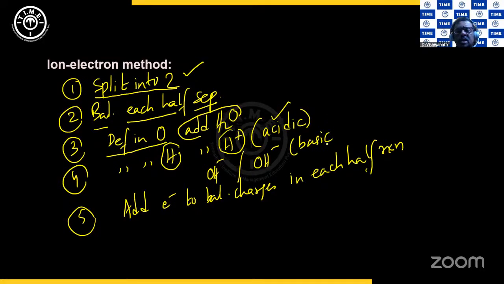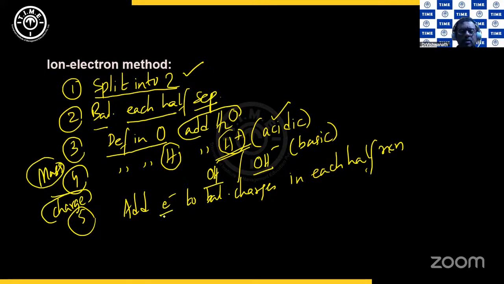But if it is in a basic medium, whatever H+ addition you have done, you have to add OH minus on both the sides in equal numbers. And then up to 4, it is mass balance. 5 is charge balance. Any reaction is balanced mass wise as well as charge wise. So we'll have to do mass balance as well as charge balance.